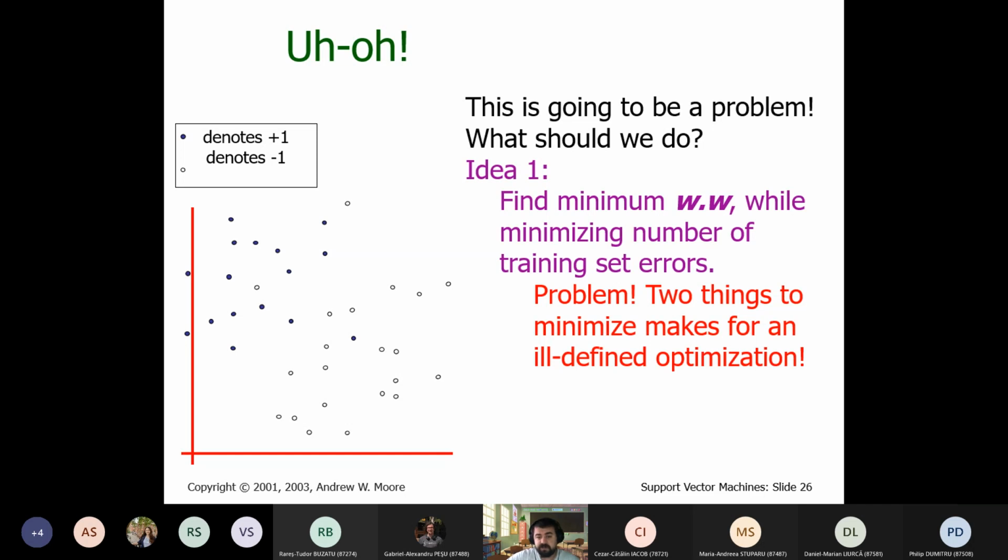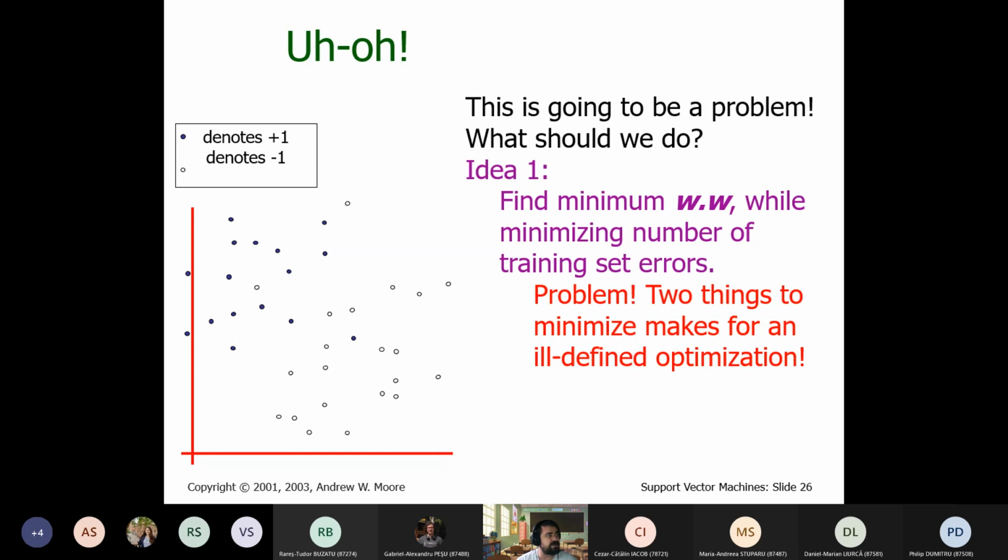This is one of the possibilities, but there is a problem. We need to minimize two different things at the same time. First of all, we need to minimize the norm of W, and in the second term, we need to minimize the number of training set errors. And since we need to minimize both of them, we will get to 0, because this is the way to satisfy both of them.